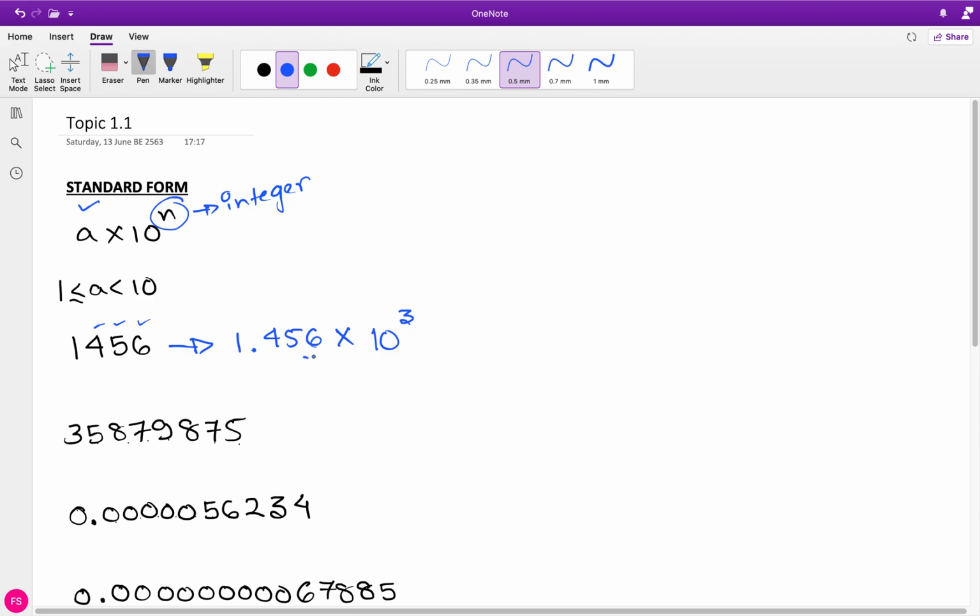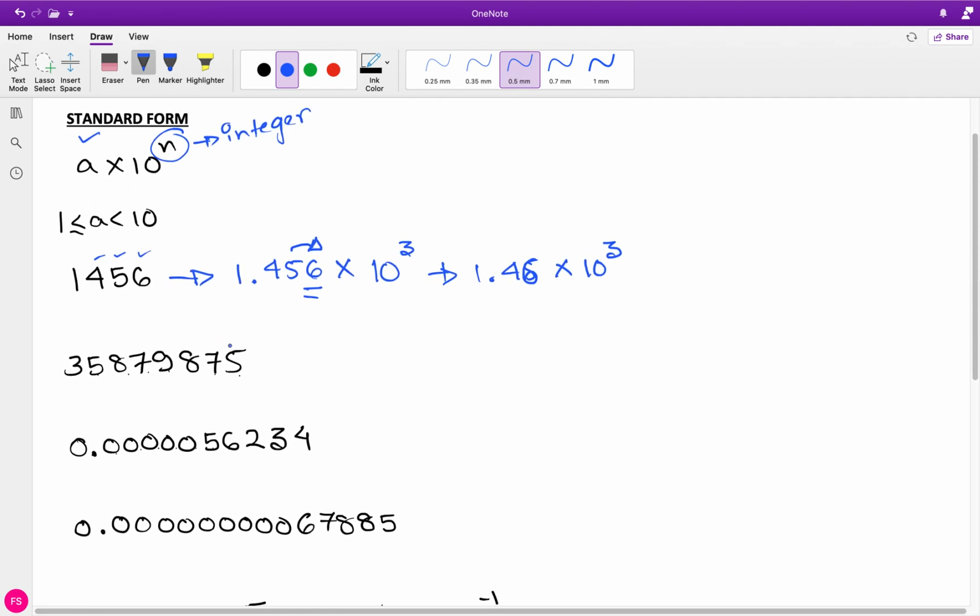That means you don't need to use this 6 anymore. So my first 3 numbers are 1.45, and then you have to look at the number that's after the first 3 numbers. In this case, it's 6, which is more than 5. That means you need to change these numbers to 6. And times 10 to the power of 3 with it.